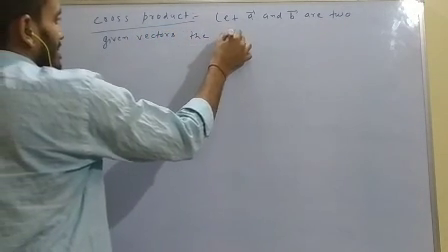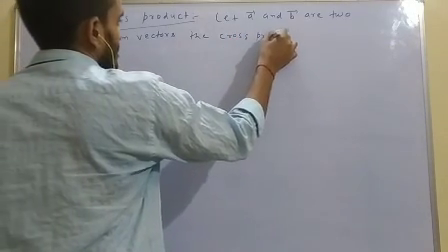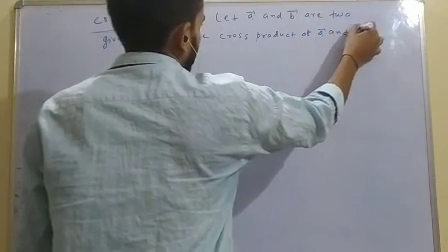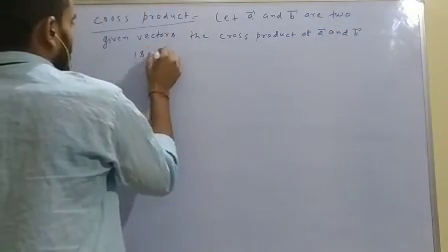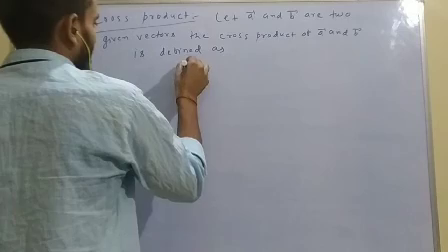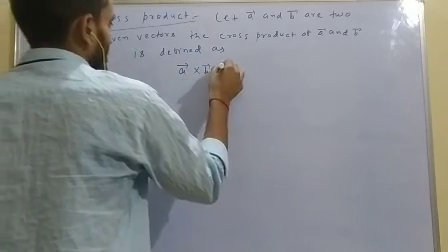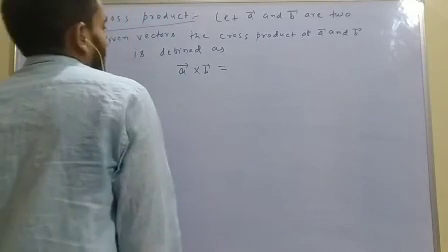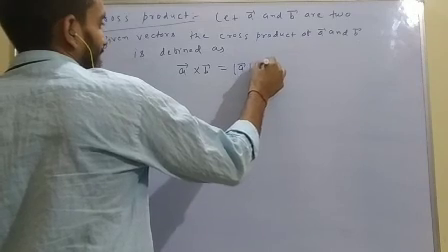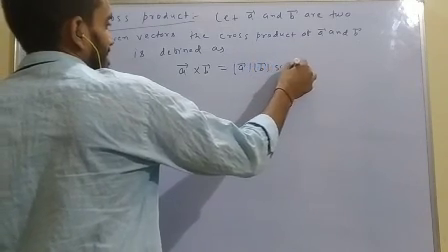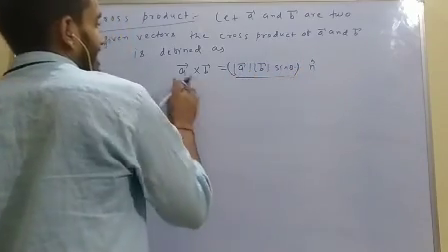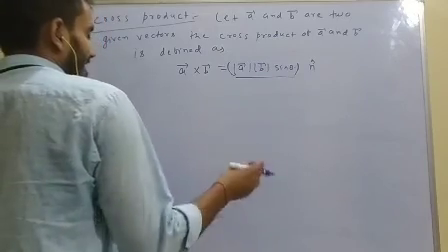Then cross product of vector A and vector B is defined as vector A cross vector B equal to magnitude of vector A, magnitude of vector B, sin theta into n cap. This is the magnitude of vector A cross vector B, and this is the direction. We will discuss the direction.